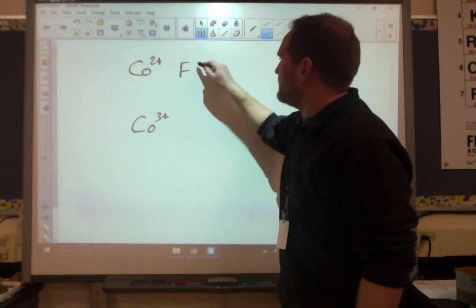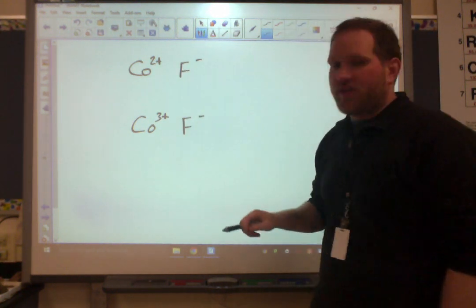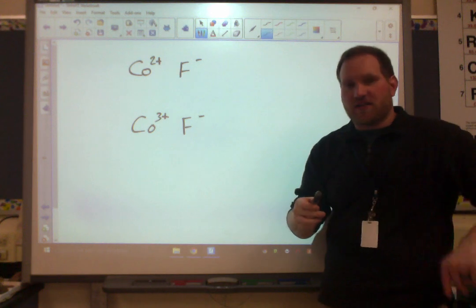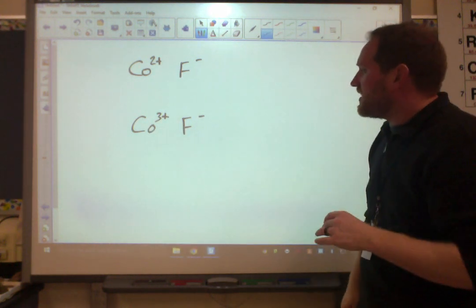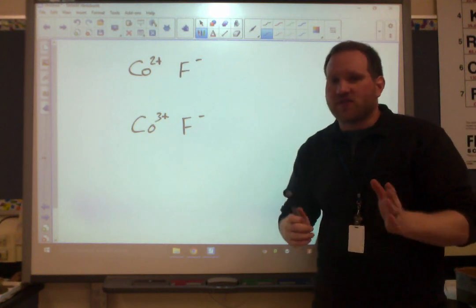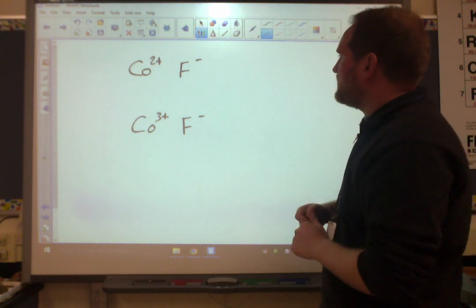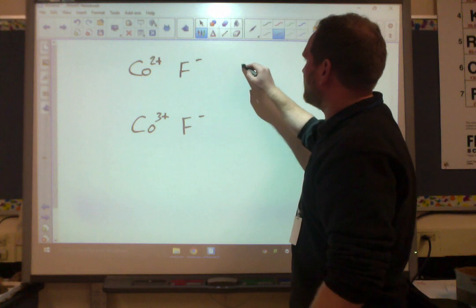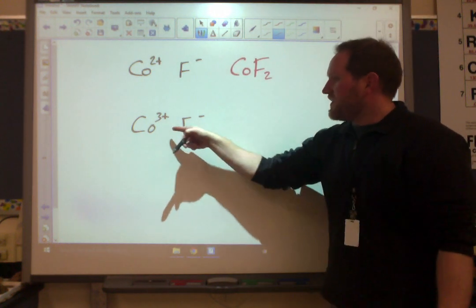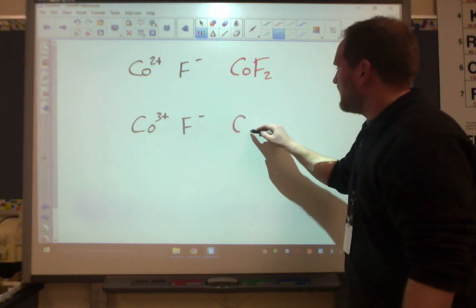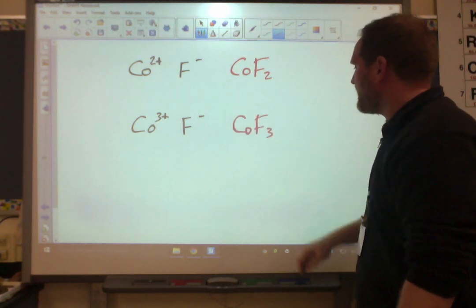Well, fluorine is F-. With the anions, there's never any question about the charge. It's always consistent. So when you bond these together, you crisscross them and you're going to get CoF2. And when you bond these together, you crisscross them and you're going to get CoF3.